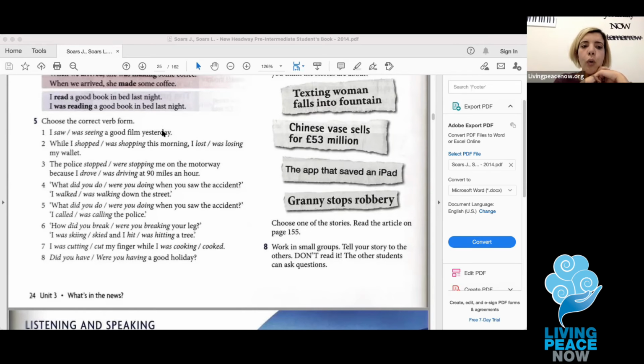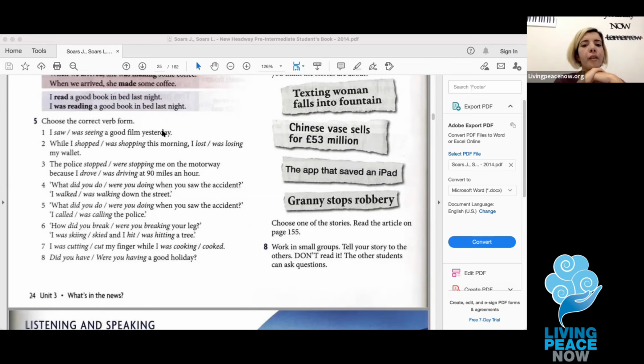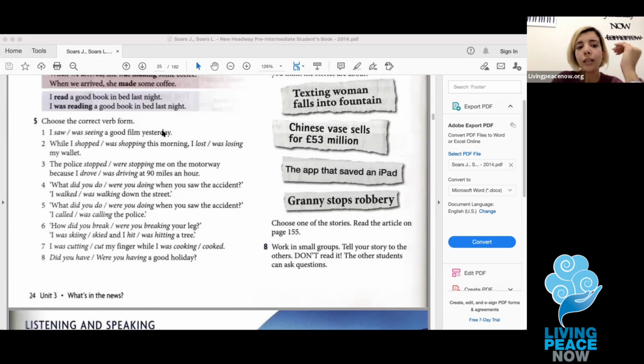Number 4, what did you do or what were you doing when you saw the accident? Both of them are correct but have different meanings. If you say, what did you do when you saw the accident?